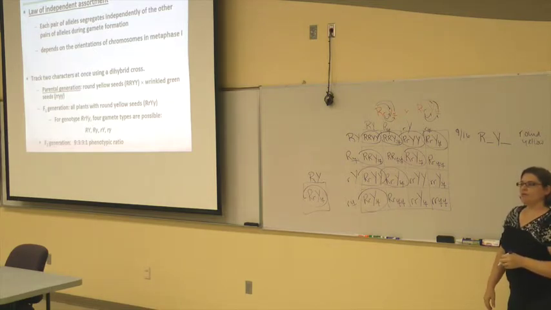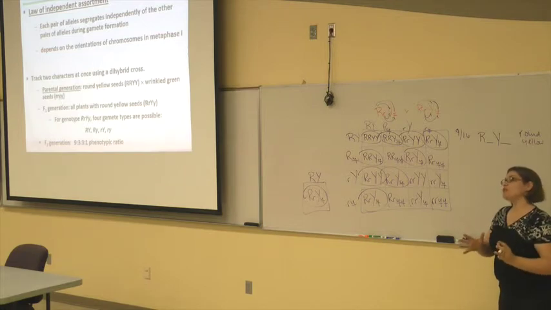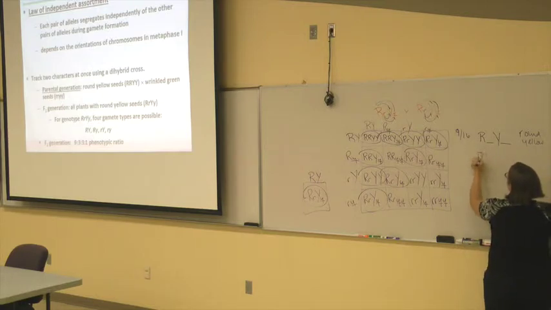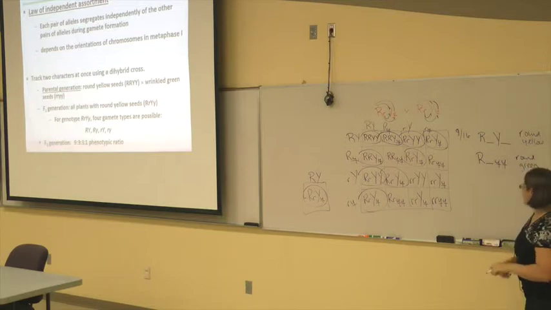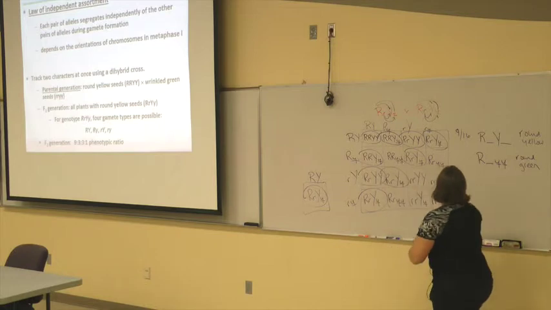Now, we're going to have 3 out of 16 that we expect to have one dominant trait and one recessive. So let's say that they've got the dominant round trait, but they're going to have green seeds. So round seeds that are green. One dominant trait, one recessive. So let's find our 3 that fit this bill.